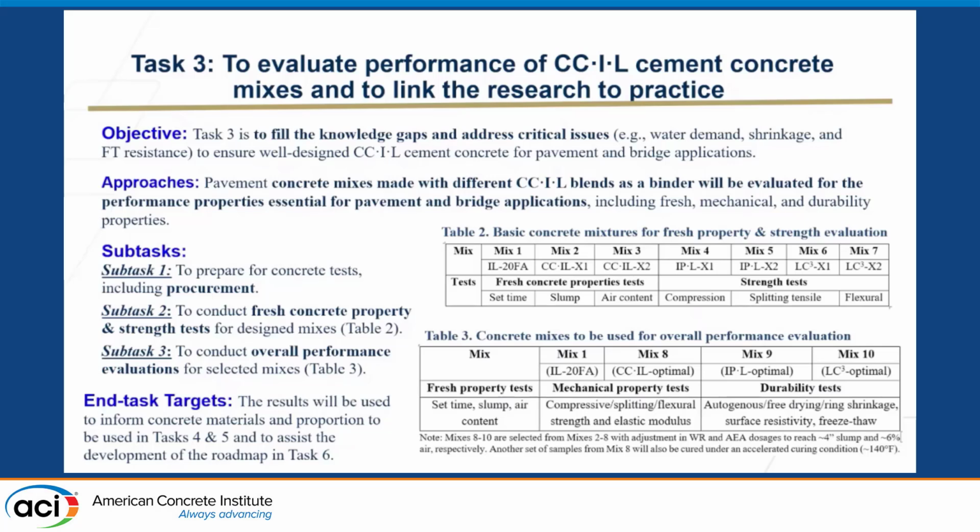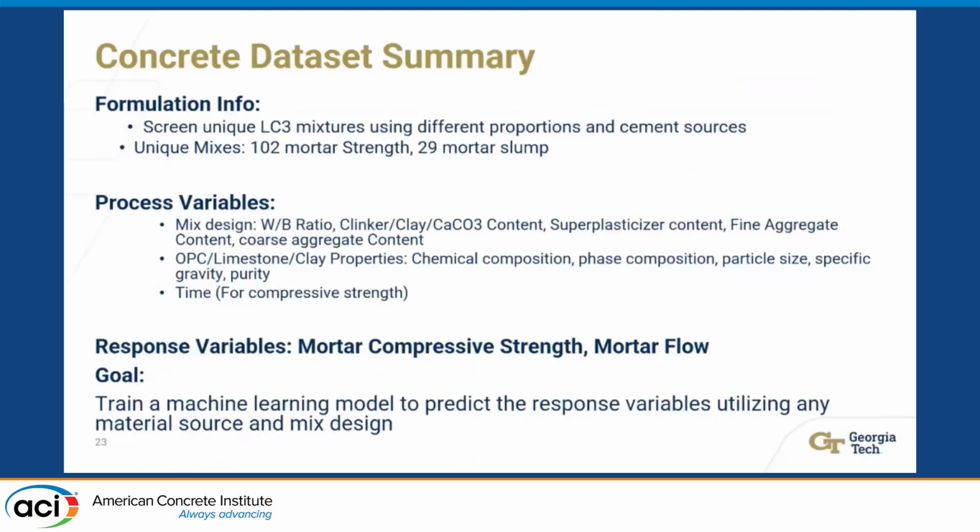And so, again, the goal is to take a much more complex range of input ingredients and start to predict a number of different important properties such as set time, slump, air content, compressive strength, etc. And when I say concrete, we've been more focused initially on mortar.